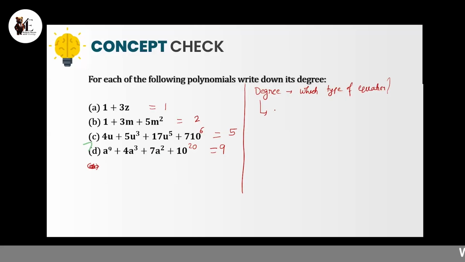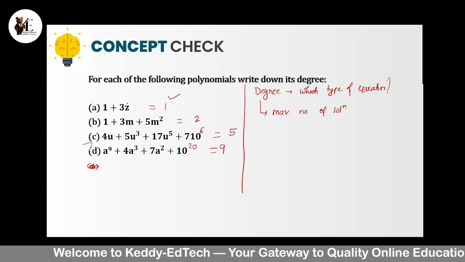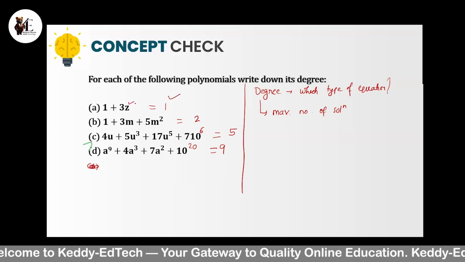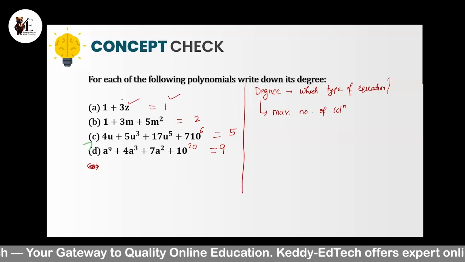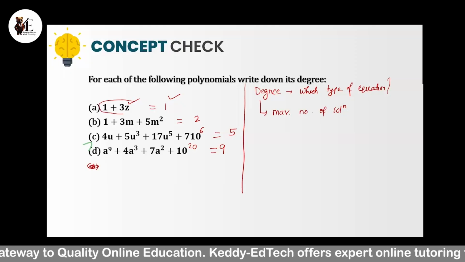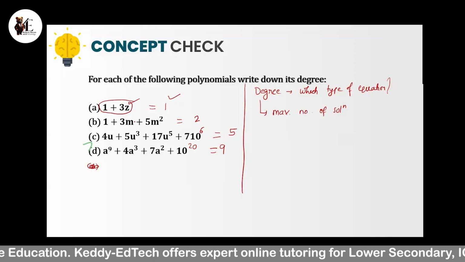It gives the maximum number of solutions an equation can have. What does this mean? Let's say for the first part, the degree is 1, and here the variable is z. So if the degree is 1, the maximum possible solution of this part will be only 1.